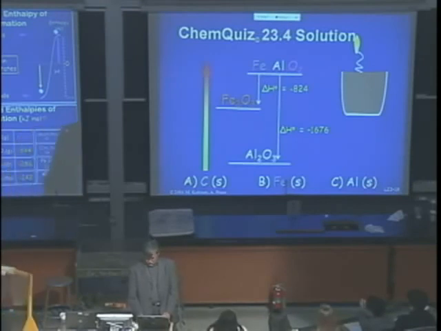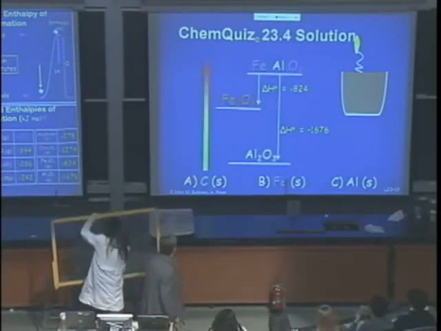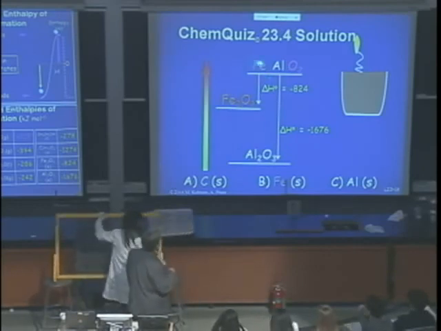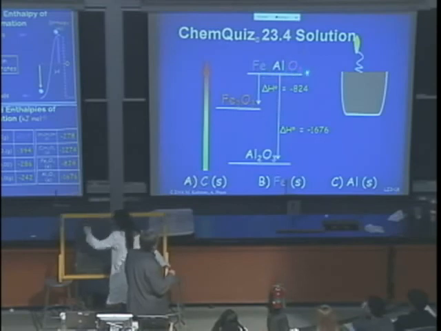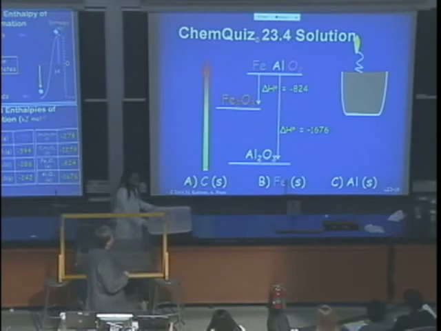So, let's see, what's this here? Okay, we have iron oxide, and in order to make iron and oxygen, we have determined this already, the enthalpy of formation at standard state is minus 824 kilojoules per mole.